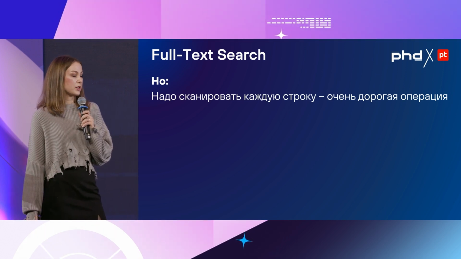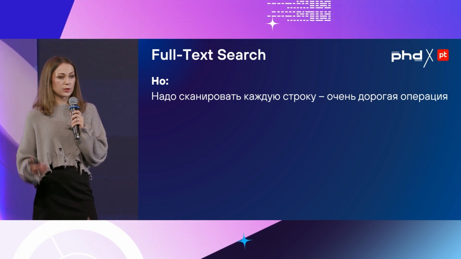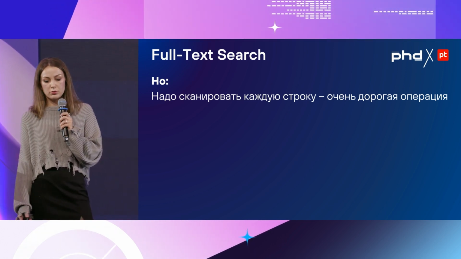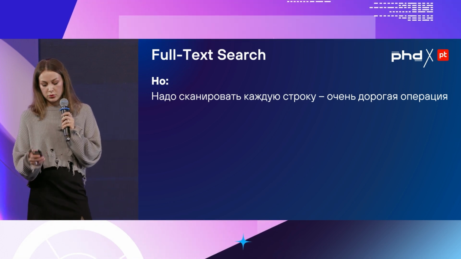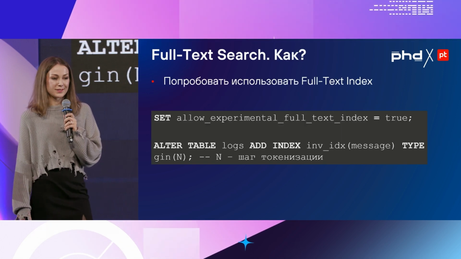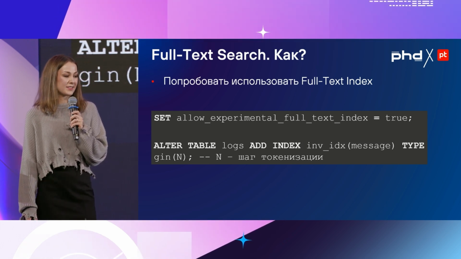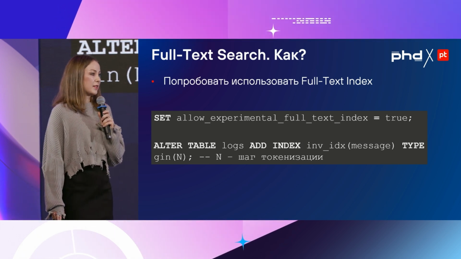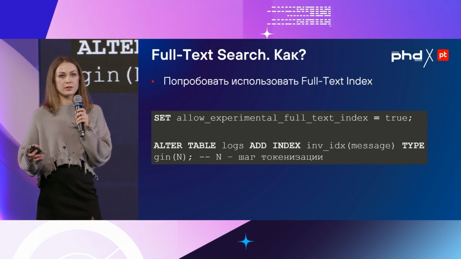But we have to wait, because by default, this is a very expensive operation. And why so? Because we have to scan every line, which is very expensive. And the bigger the table gets, the longer it will take to search. And ClickHouse has a lot of stuff, and it has the experimental index.